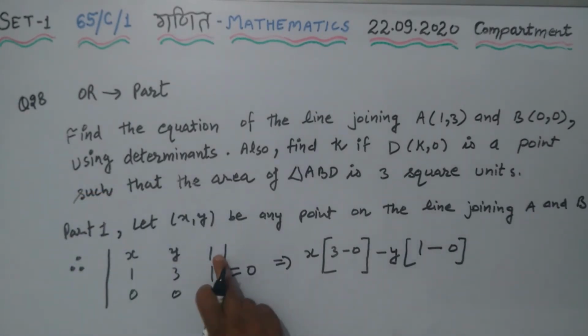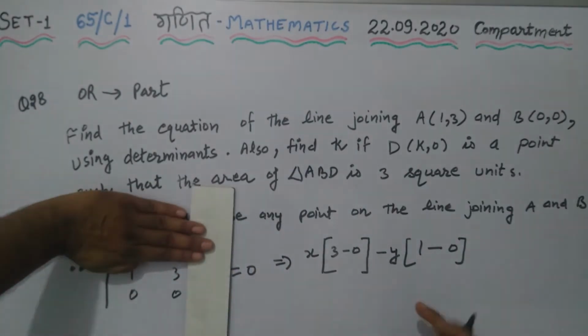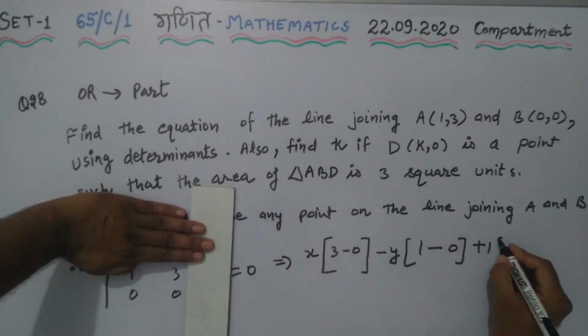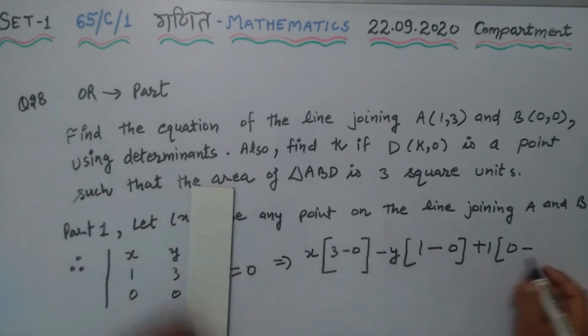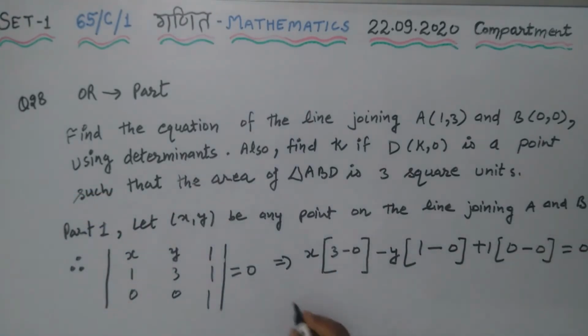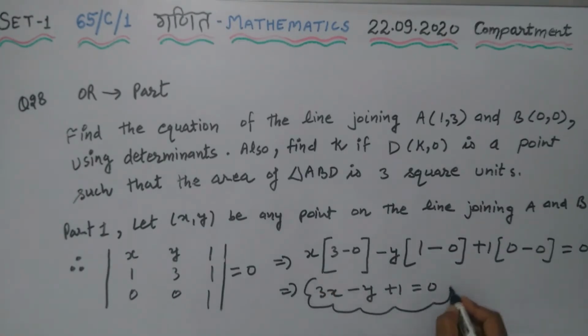Lastly, this one, plus 1 into 1 into 0, 0 minus 0 into 3, 0. This is equal to 0. So this becomes 3x minus y plus 1 is equal to 0. So this is the required equation of the line.